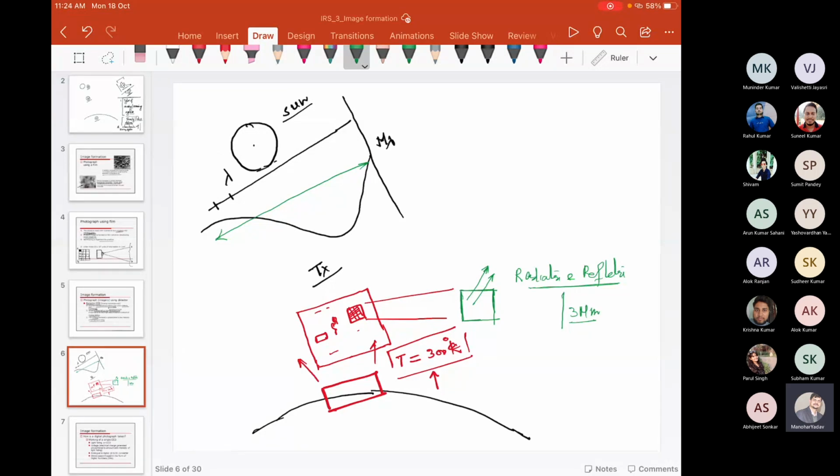Now, if I consider a particular band, let's say band B1, the green band, where we have designed the sensor to sense this upwelling radiance, then in the green band we have only the reflected energy component.